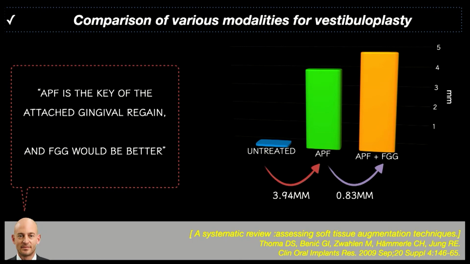As you see, the effect of the APF can be 4 years, and the effect of the graft tissue can be 1 year.